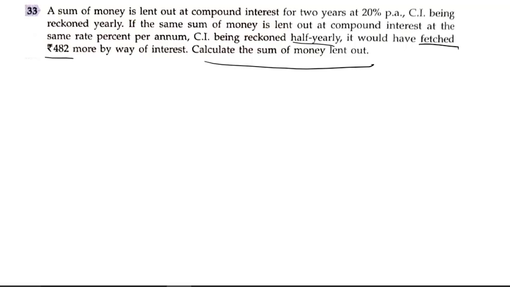Okay, so here again the problem is same as what we have done in question number 32, only here principal is not given, right? So here I have two parts. First part is when interest is charged or is calculated yearly.